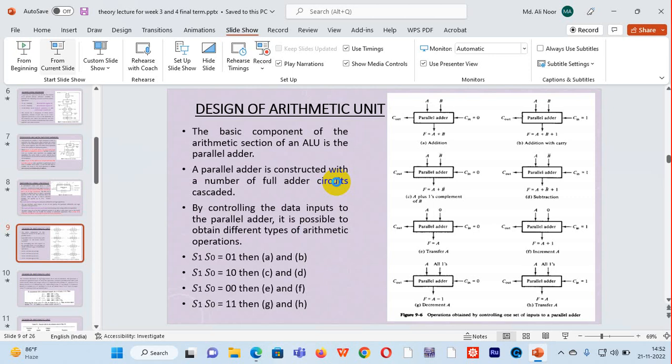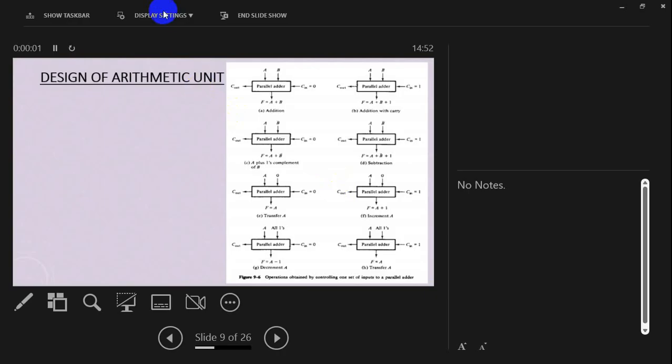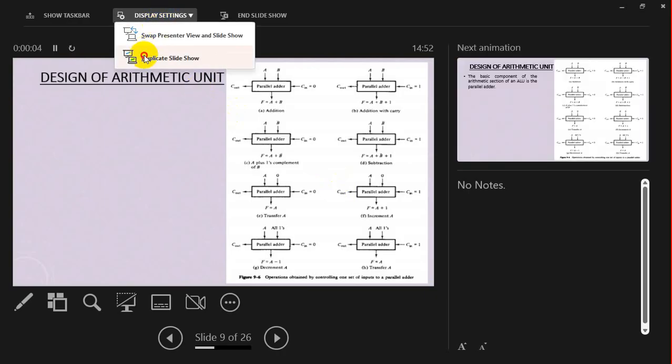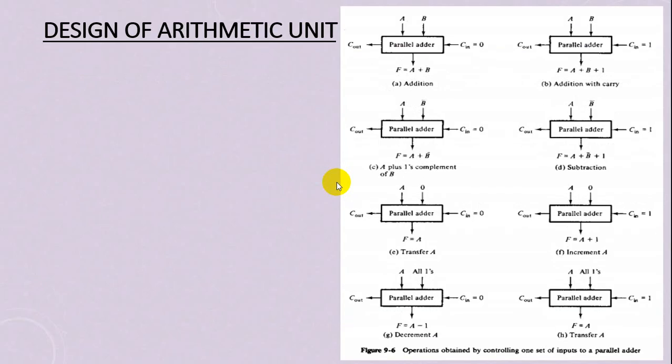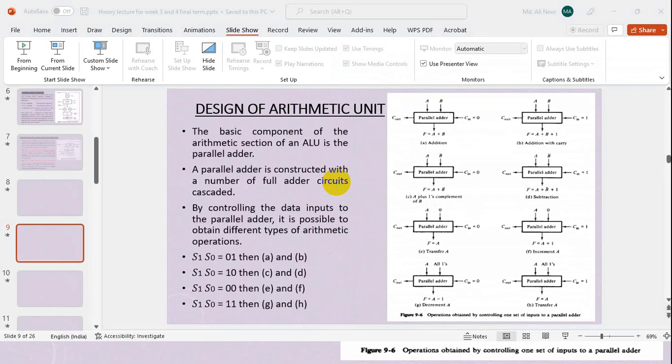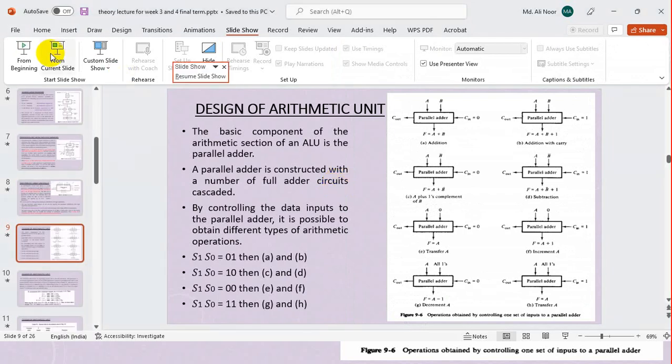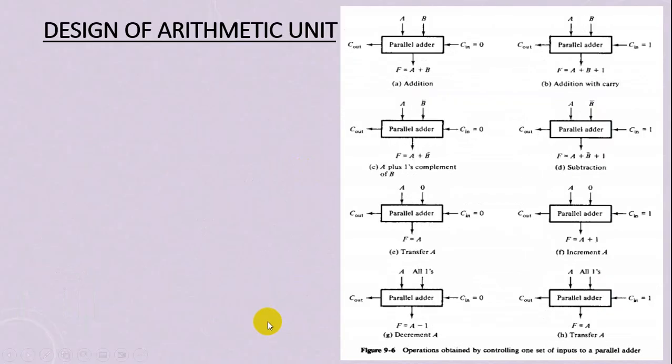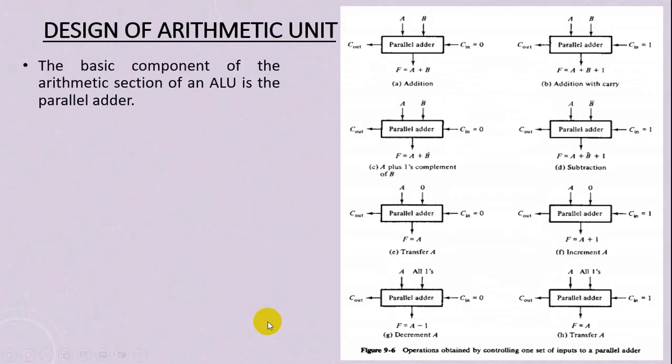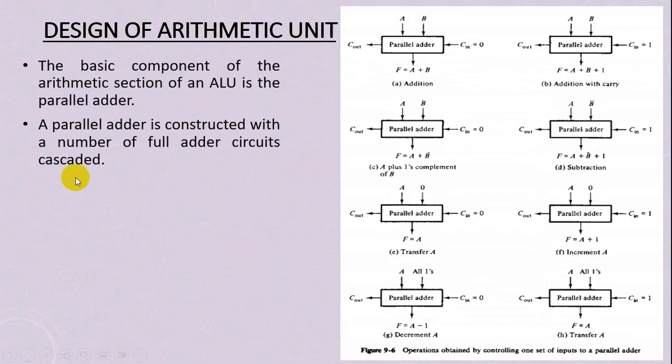So now we know the hardware. We are using a single hardware to do our design. A parallel adder is constructed with a number of adder circuits cascaded.